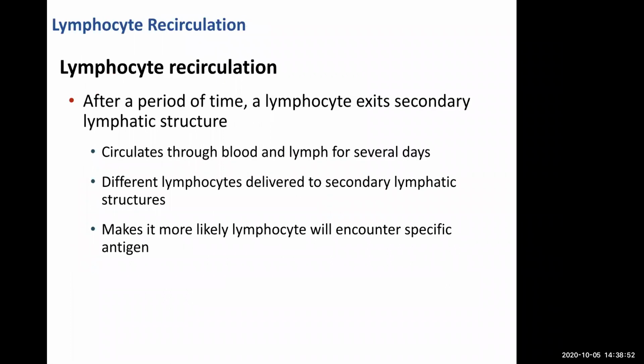And then with regard to recirculation, I have it here as kind of a footnote, but I just want to bring up the fact. At the end of the day, I left off talking about those memory B cells and memory T cells hanging out in secondary lymphatic structures.